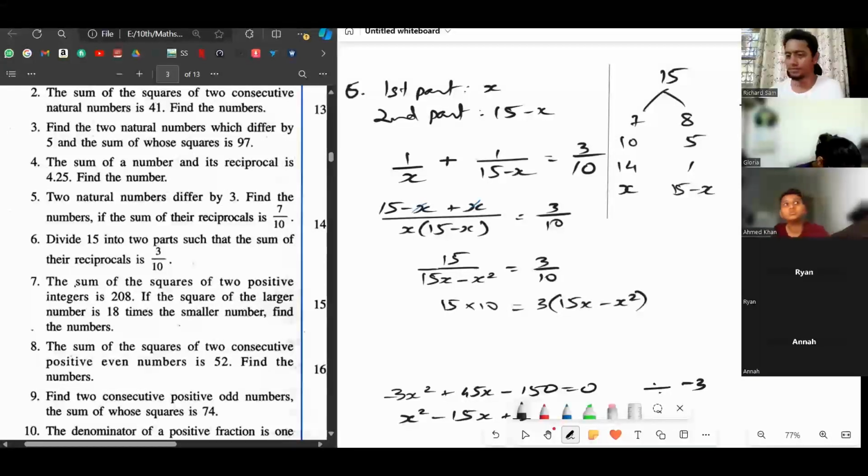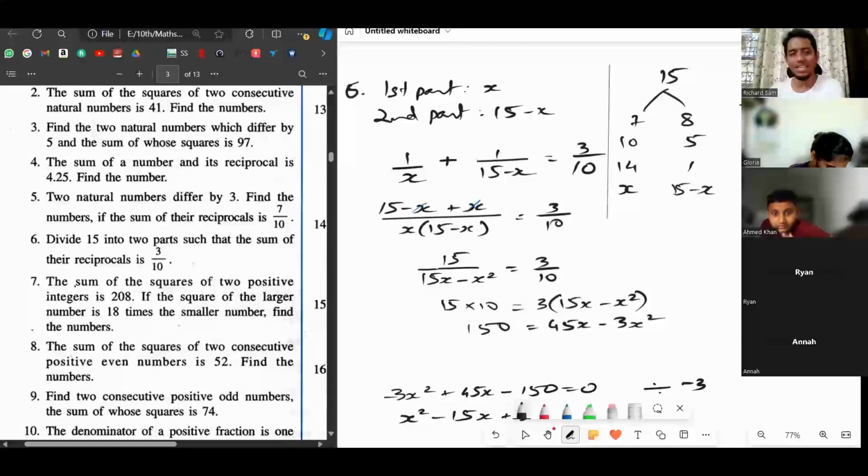No denominator. Okay, Anna? So 15 into 10 is 150 equal to 3 into 15 is 45x minus 3 into x square is 3x squared.